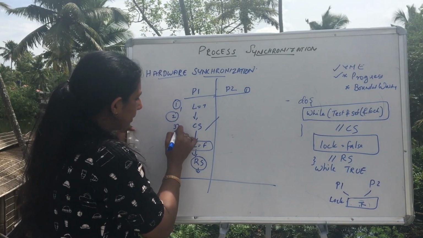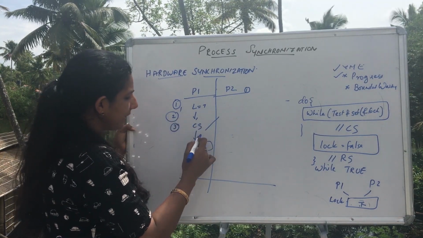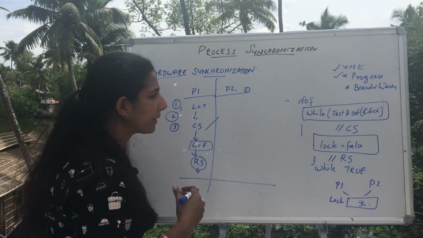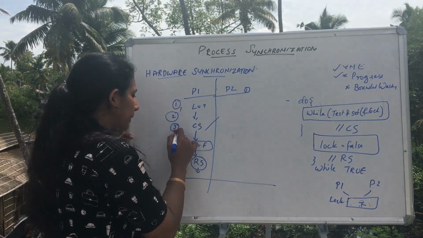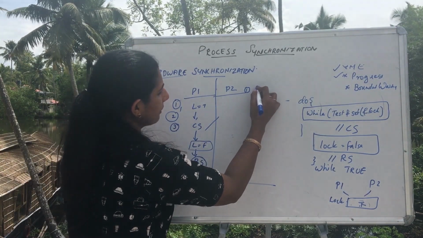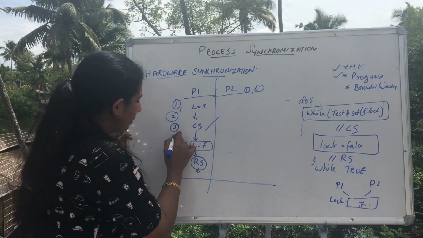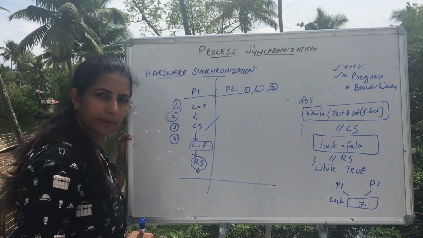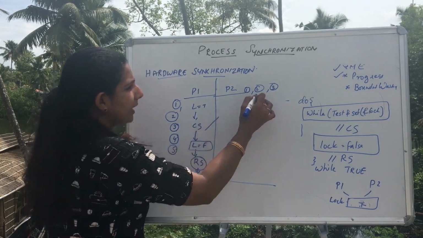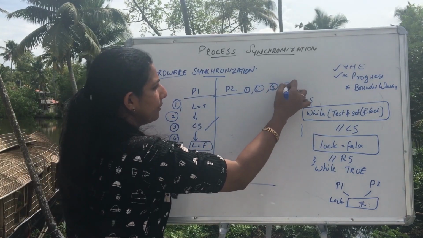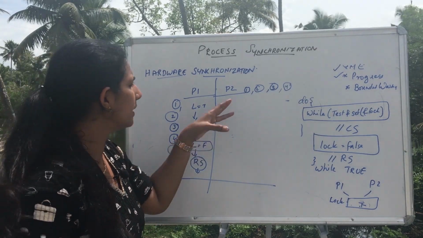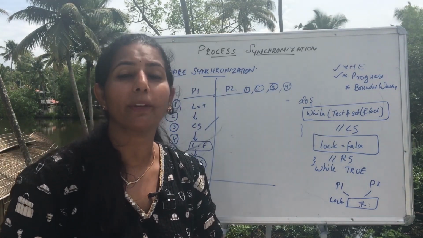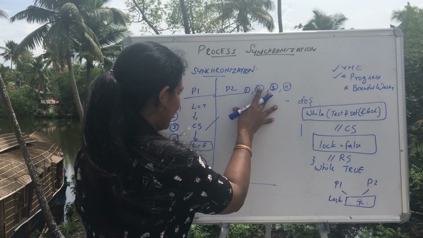Now third time also P1 tries, and let me assume P1 has a priority over P2, so P1 enters again, so P2 is waiting for the second time also. Now again the fourth time P1 enters, P2 is waiting for the third time, so P1 is entering for the fifth time, P2 is waiting for the fourth time. There is no bounded time limit where P2 is waiting to enter into the critical section.